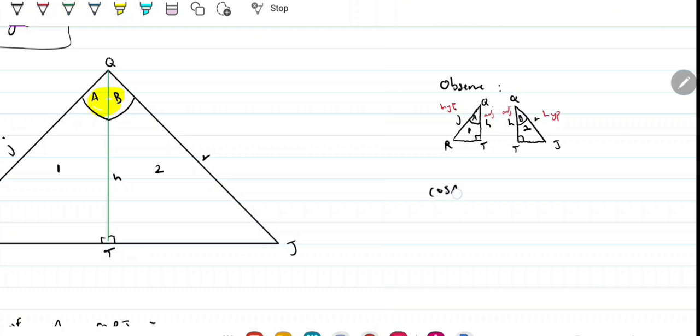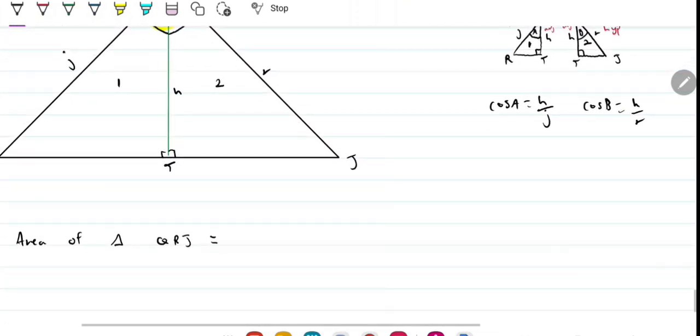So cos A would be equal to H over J. And for triangle 2 on the right, cos B would be equal to H over R. Keep that in mind. You can see why just now.